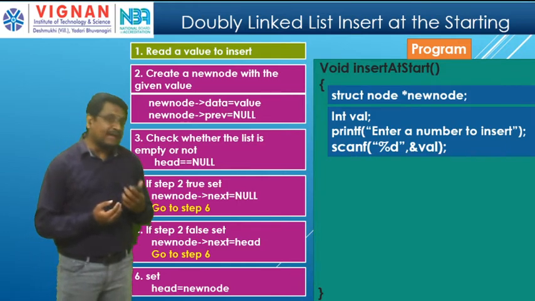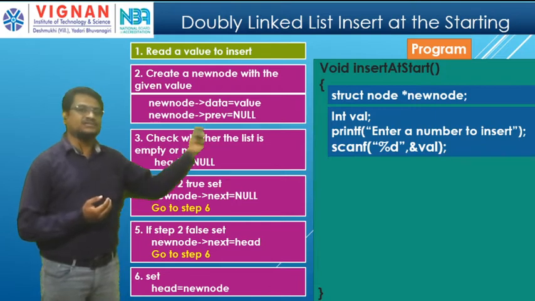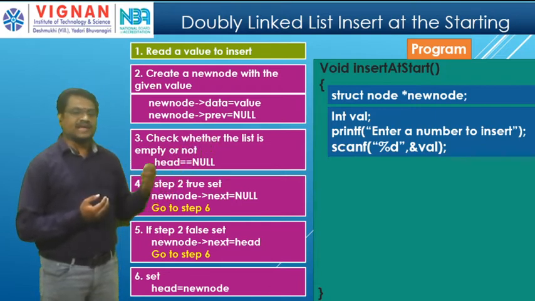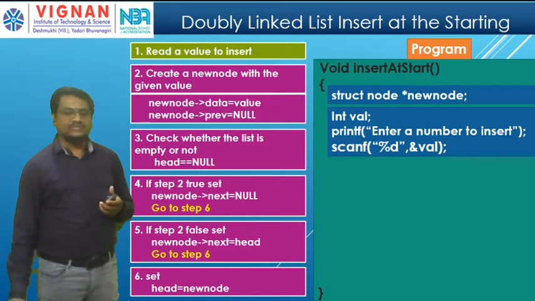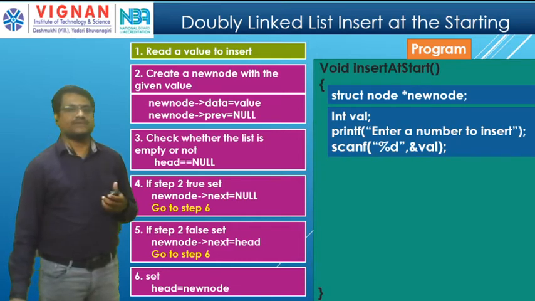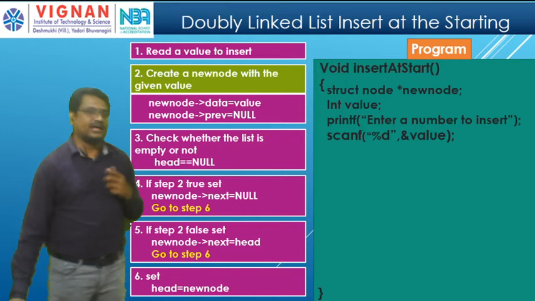I'm reading the data in an integer format, so I use percent d. So scanf percent d value. Now that integer data, whichever is entered by the user, is stored in this value. Now I create a node with the given value.